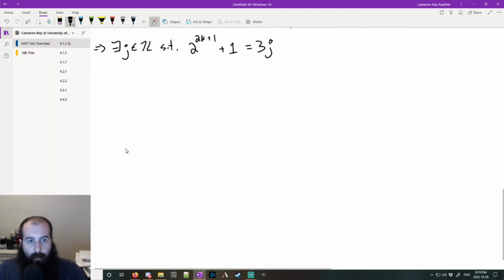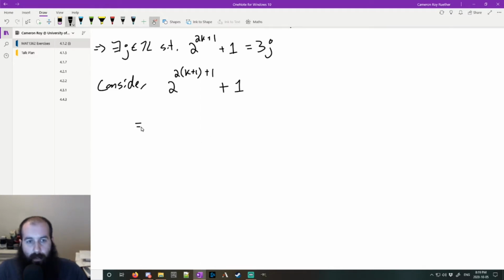So now, as before, we would like to consider the case at k plus 1, which means we're considering 2 to the 2 times k plus 1 plus 1, all plus 1. And we would like to show that this is divisible by 3.